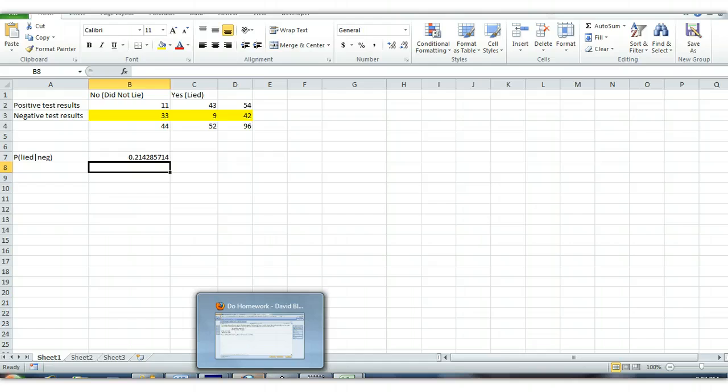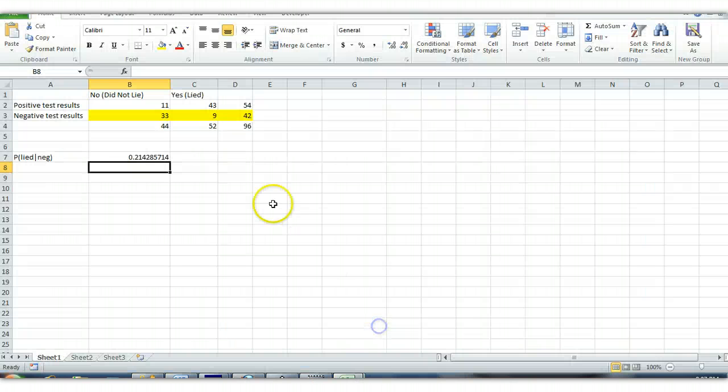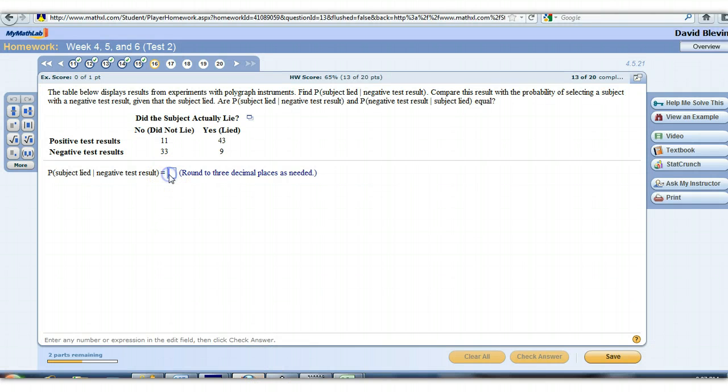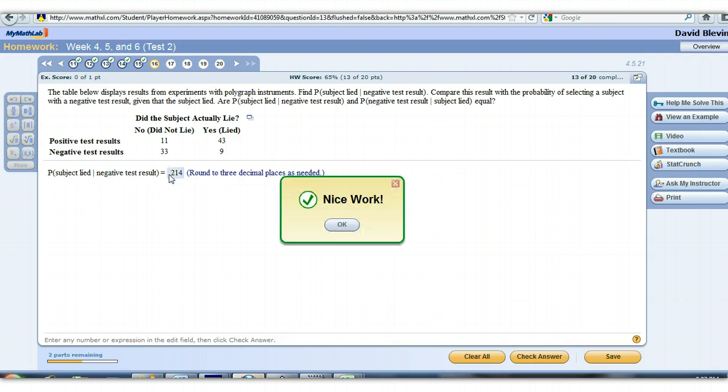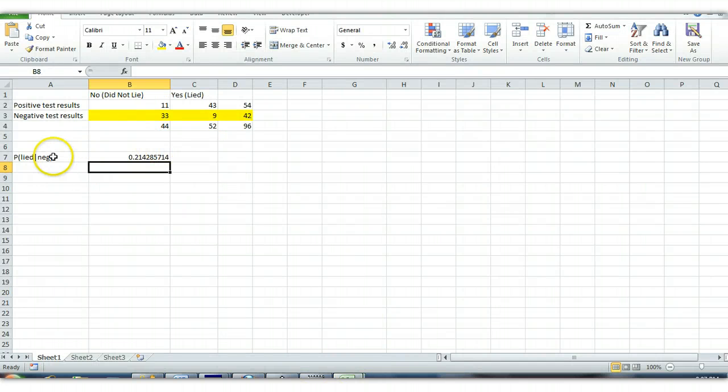Okay, they want 3 decimal places, so 0.214. Alright, always remember it's the second thing, the thing that's after the vertical line, is your given condition. So that's how many people that you're dealing with, or how many subjects in the sample you're actually dealing with.